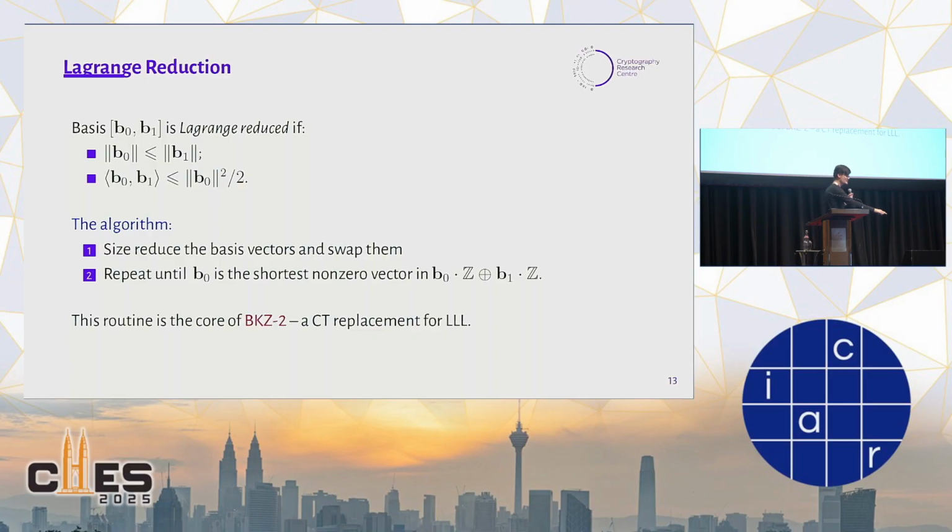It ensures the conditions given on the slide, and it proceeds as follows. It receives 2 basis vectors, size reduces them, and then swaps them. Then these steps are continued until our basis is Lagrange reduced. That is the best one we could obtain.